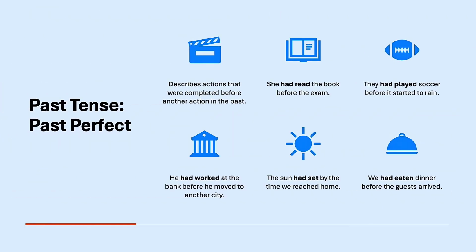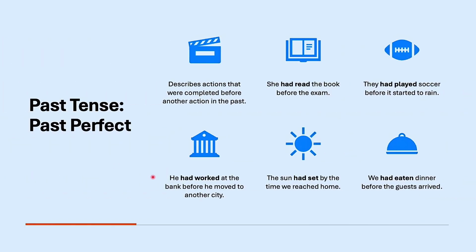Past perfect describes actions that were completed before another action in the past. She had read the book before the exam. They had played soccer, well, I like to say football, before it started to rain.